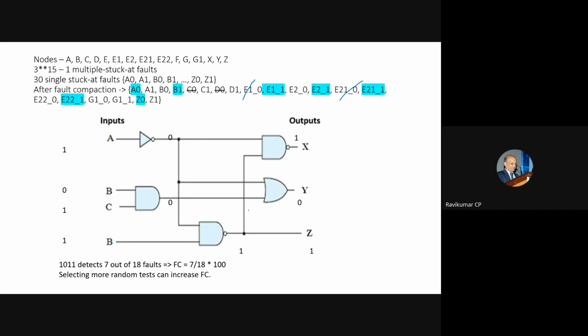So it will read a gate level netlist, and it will do all this whatever we did manually. It will generate the list of single circuit faults, do compaction and get you a smaller fault list. All this is automated. There is a tool for doing all this, right?